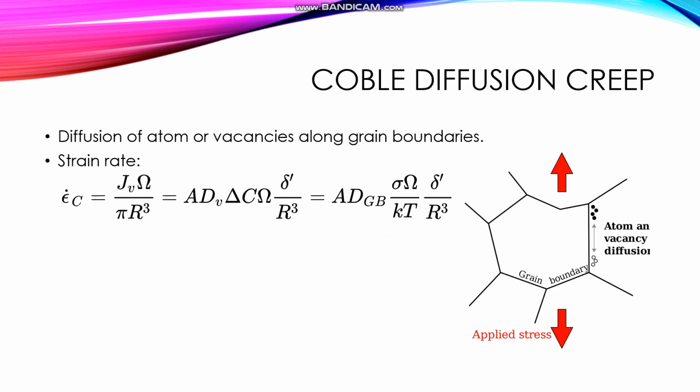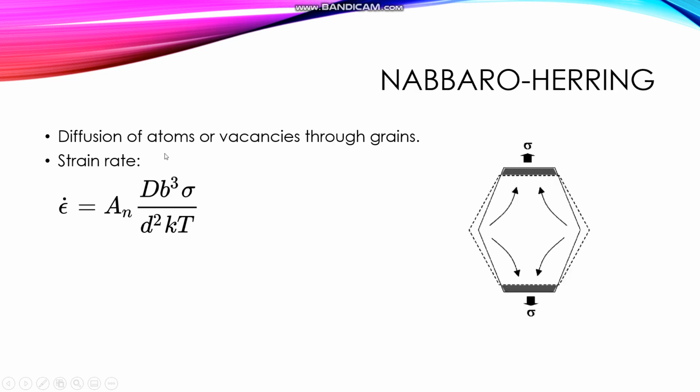The next one is called Coble diffusion creep. Coble diffusion creep is a diffusion of atoms or vacancies along the grain boundaries. You can see here in the schematic diagram that the atoms or vacancies move along the grain boundaries. The strain rate can be found using this equation.